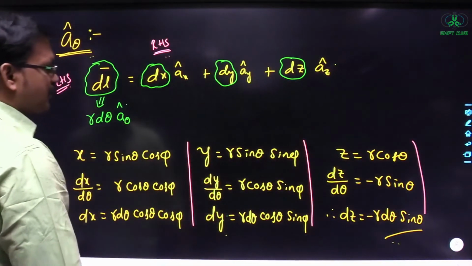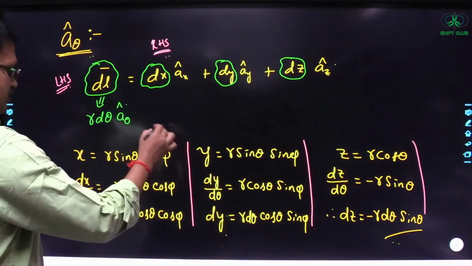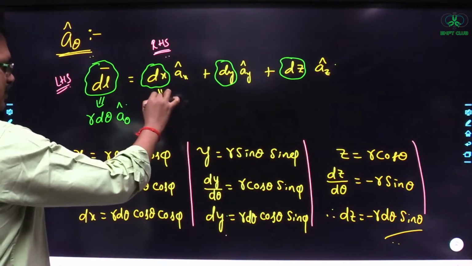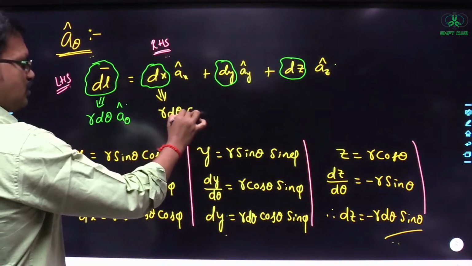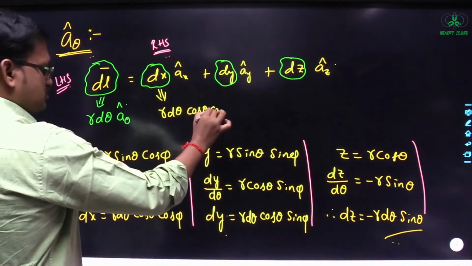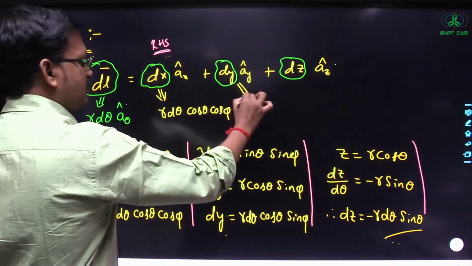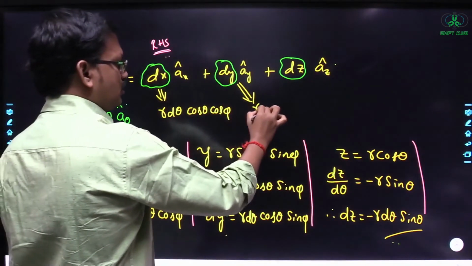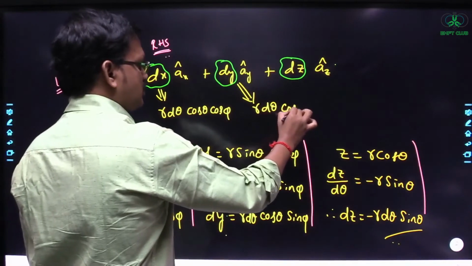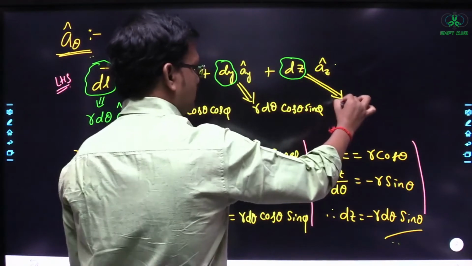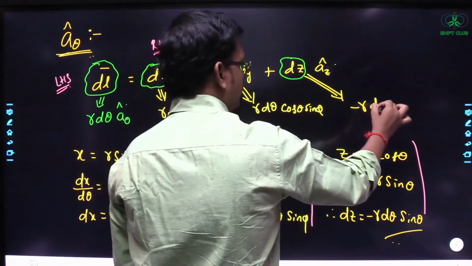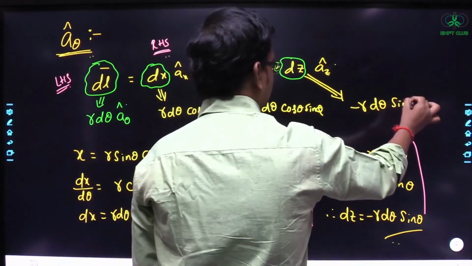Right. So therefore here just replace dx with r d theta cos theta cos phi, replace dy with r d theta cos theta sin phi, and replace dz with minus r d theta sin theta.